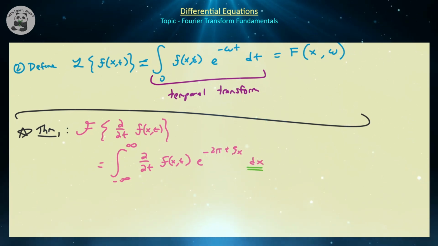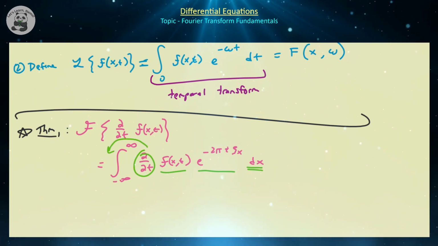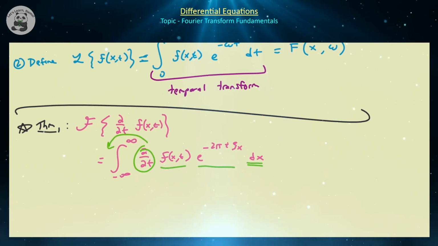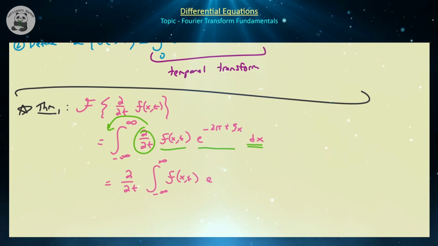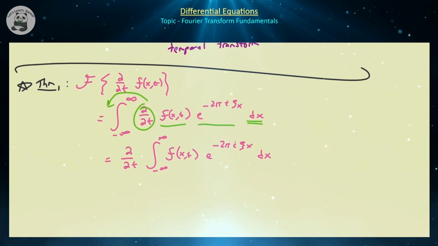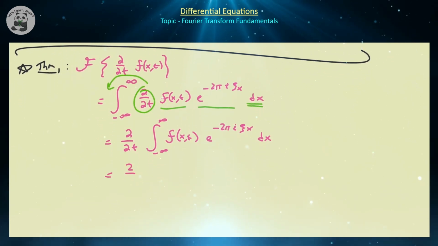Notice that this is a spatial integral, not a time integral, so provided that the function f and the exponential are playing nice with each other, we can factor the partial derivative with respect to time out, and we're left with the partial derivative with respect to time of the integral from minus infinity to infinity of f(x,t) e to the minus 2 pi i psi x dx, which we already know is equal to the Fourier transform of our function.